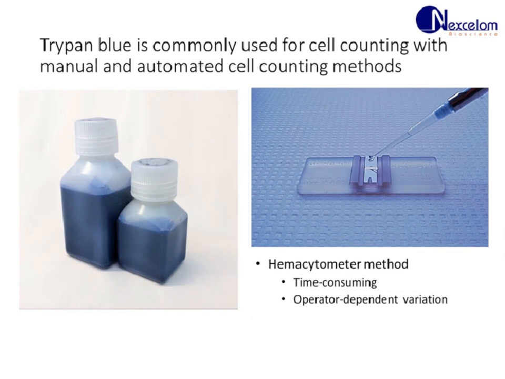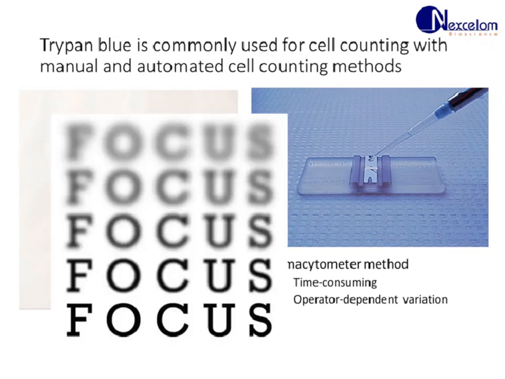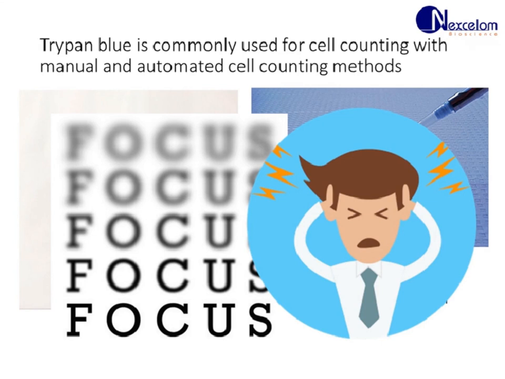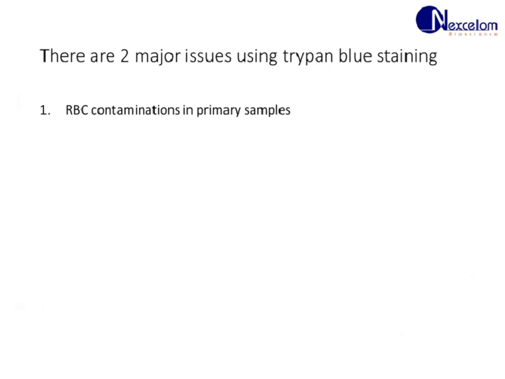Other side effects from using a hemocytometer may also be blurry vision, as well as some headache that comes with it. These are some of the issues that people often face when they're trying to do cell counting manually. By using an automated method, these can be removed. However, there are some issues using Trypan blue.